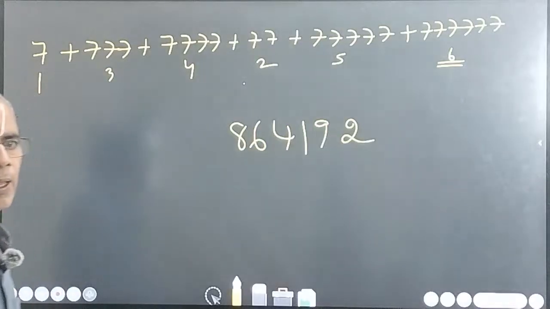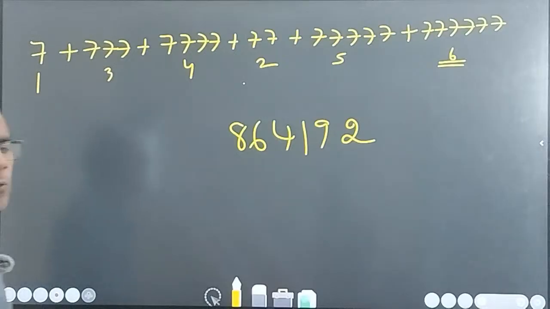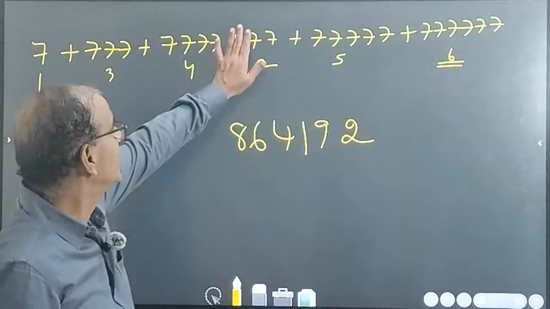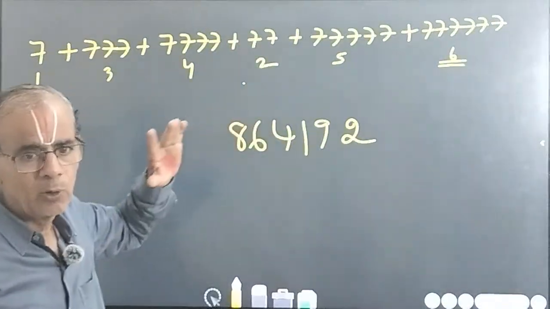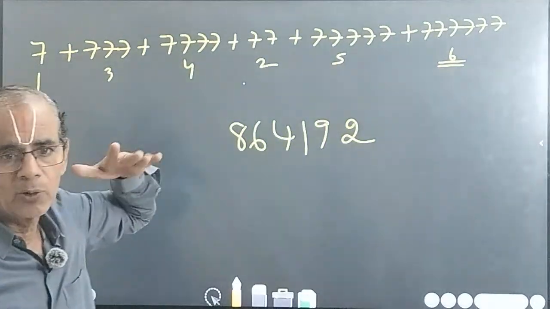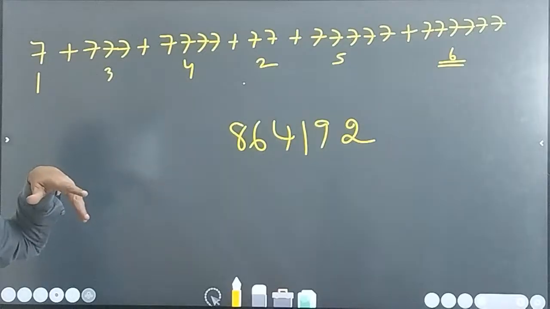8,64,192. When you do this, the number should be the same. It should have a progression of 1, 2, 3, 4, 5, 6. Suppose 77 is not there, you cannot do it. Or if 777 is not there, you cannot do it. If you do, then you have to subtract it. That is double work.